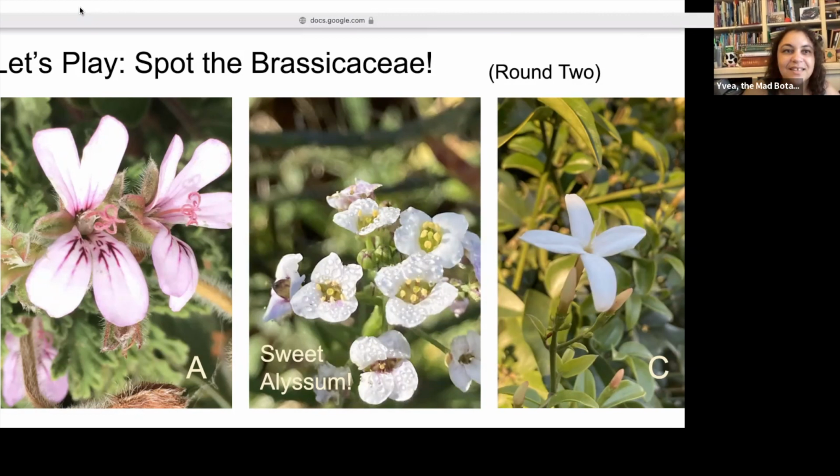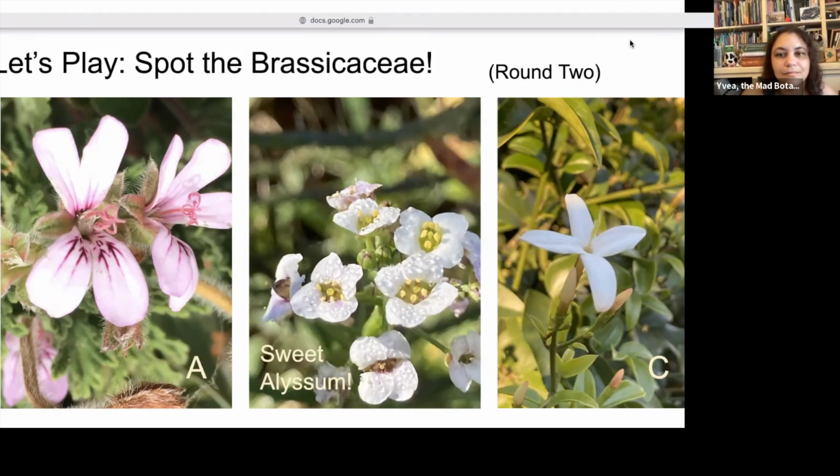What else? I noticed the 6 in B, but the petals weren't really in a cross shape. It was kind of like 2 petals on the top and 2 on the bottom. In C, the petals seemed more like the typical Brassicaceae cross shape, but I was like, which one can be variable?